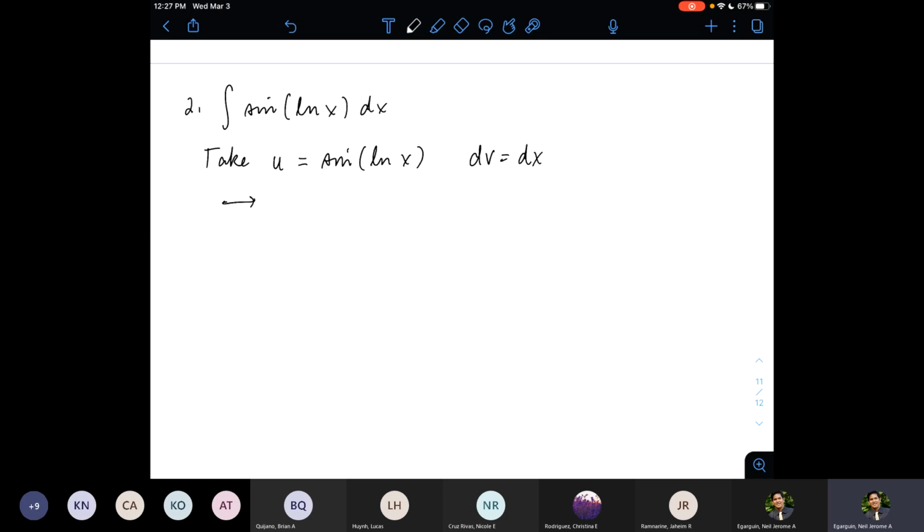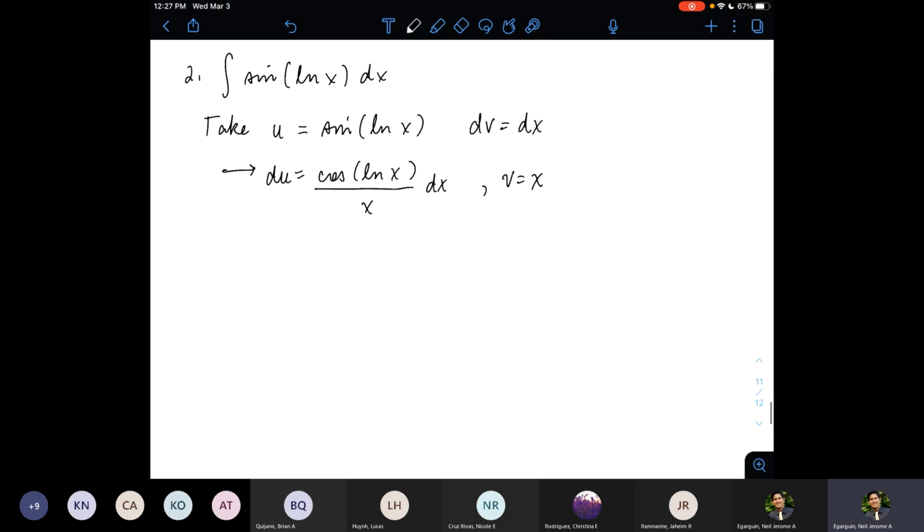Now we compute for du, and this is fine because we're just differentiating sine of ln x. So this is cosine of ln x all over x dx. Remember, we need to apply the chain rule here. And then v will just be x.